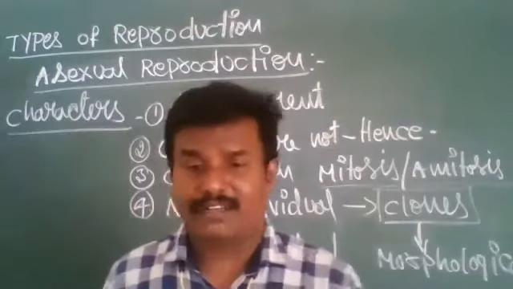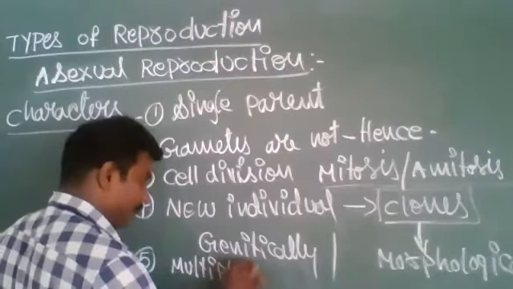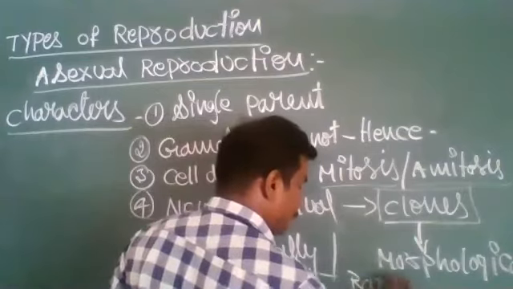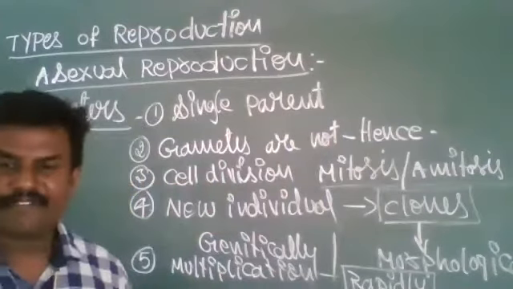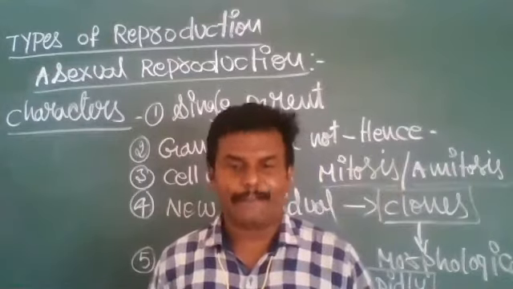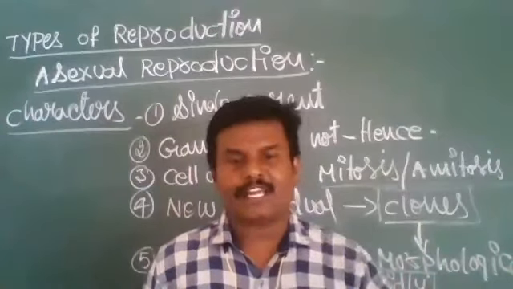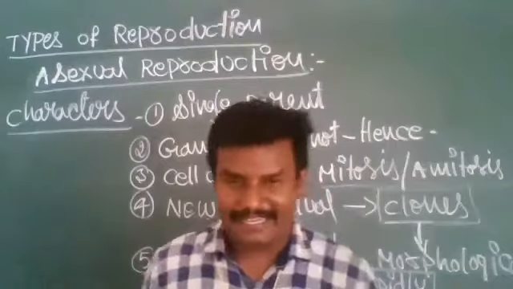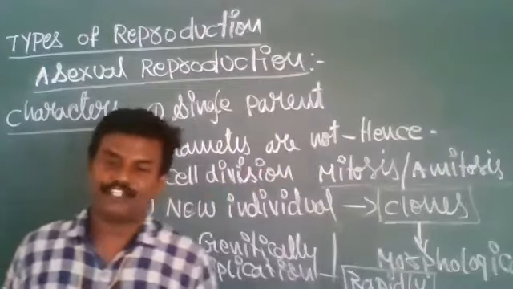Generally, multiplication occurs rapidly. Through asexual reproduction, the multiplication process occurs very rapidly, very fast. A single-celled parent or multicellular parent multiplies either by binary fission, multiple fission, budding or fragmentation.